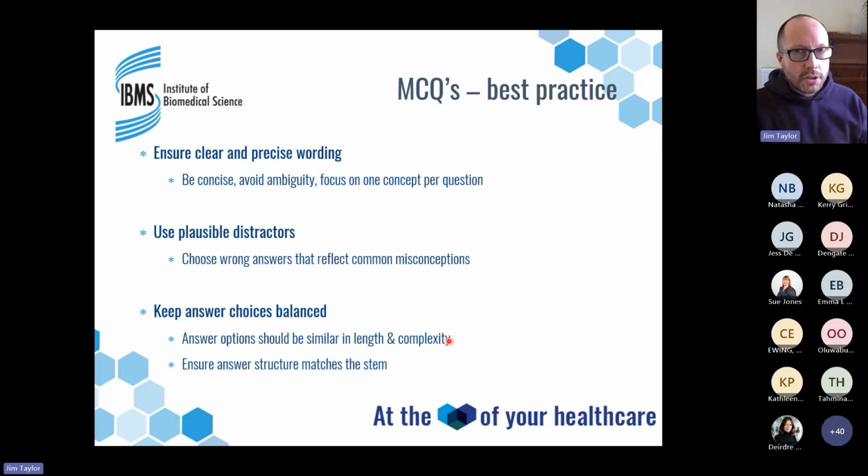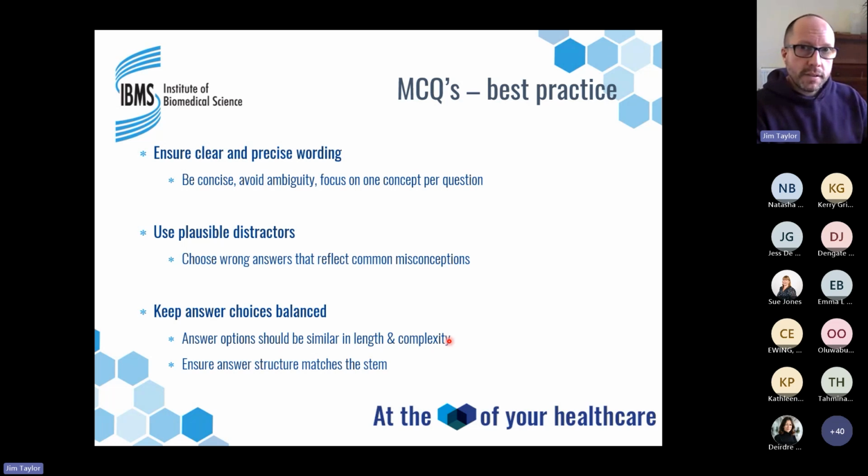The best thing you can do with a multiple choice question is use a wrong answer that is a common misconception. Let's say there's been a change in, I don't know, a reference range in hematology. Maybe we now use milligrams per milliliter instead of micromoles per mole, or whatever it might be.